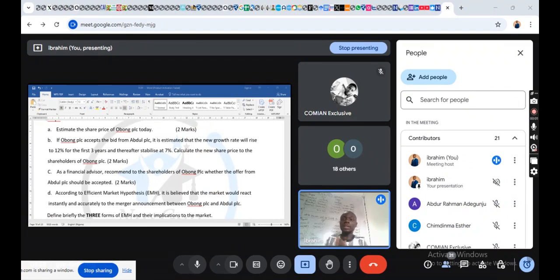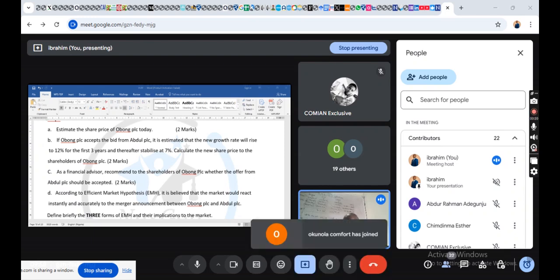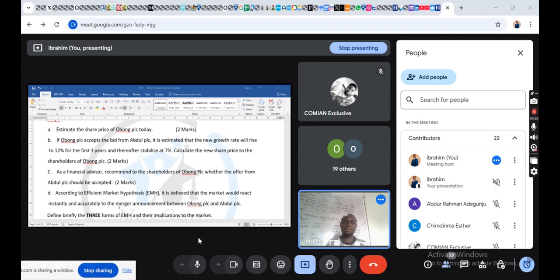Okay, so this is another question adopted from ACCA as well as ICAN. Please, let's pay attention to this question as well. Estimate the share price of Obong PLC today. Now, when they say share price, it means market price. Class, share price means market price.